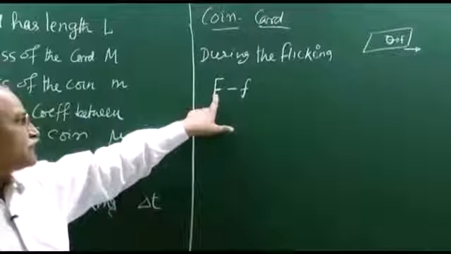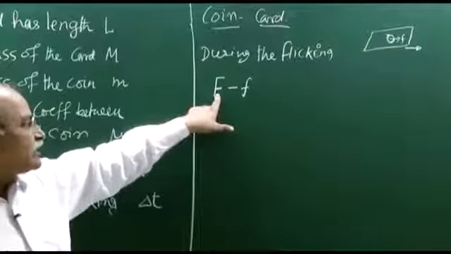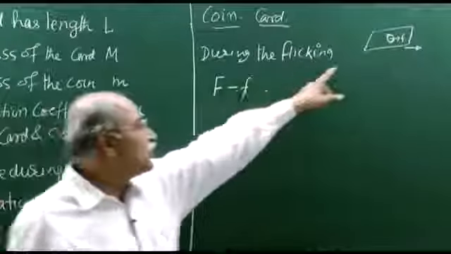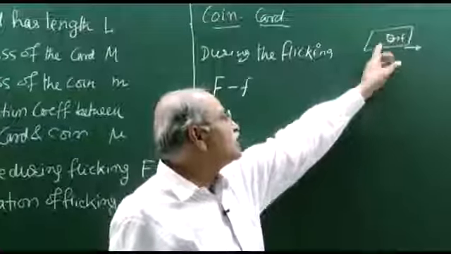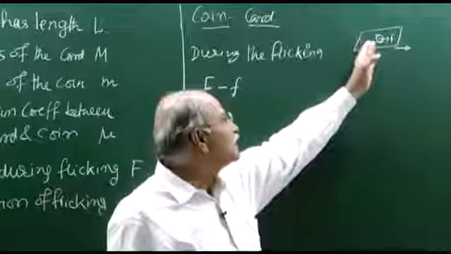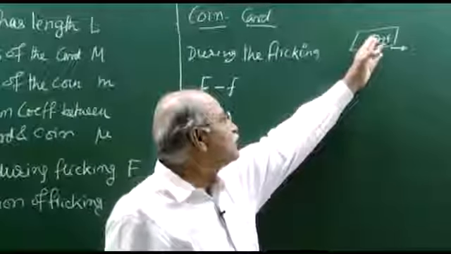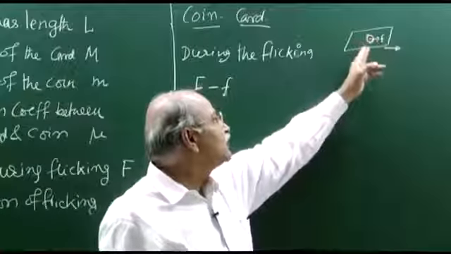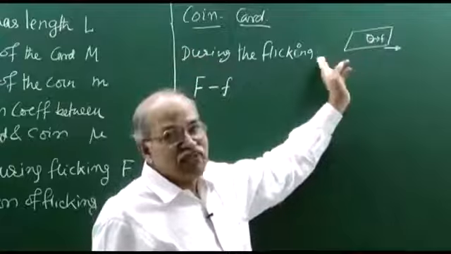This is the force with which I am flicking, and this is the frictional force because of this coin; as it moves it slips, and therefore on the coin the force is forward, on the card the force is backward.